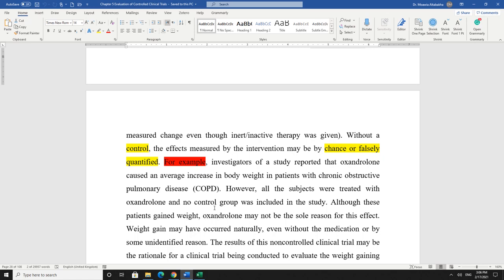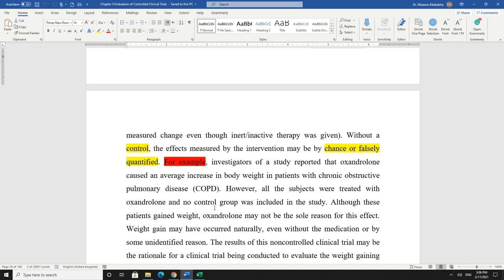Okay, of course scientifically this is not proper. They tell you that this may be by chance or falsely quantified, meaning maybe there are other reasons why their blood pressure has reduced.